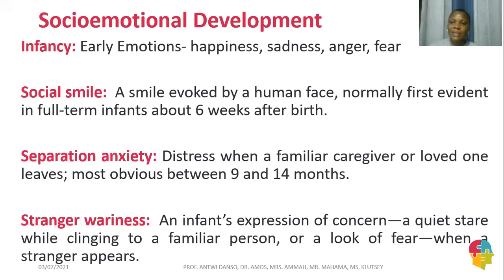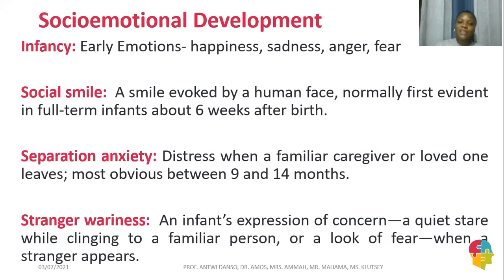So the child's mother is gone to work, and the moment they notice that their mother or their father or whoever is close to them is not around, they begin to cry. And it's because there is separation anxiety, the worry or the fear or the distress that the caregiver or the loved one is gone.